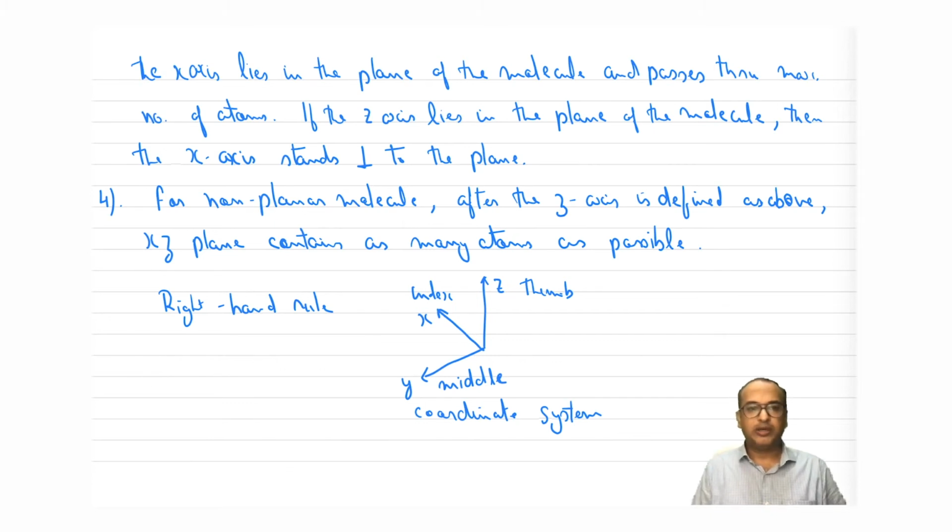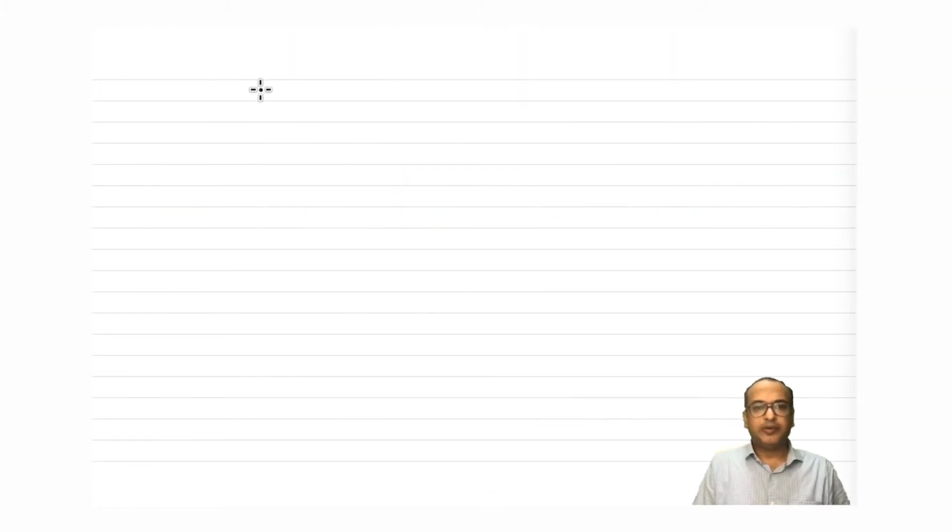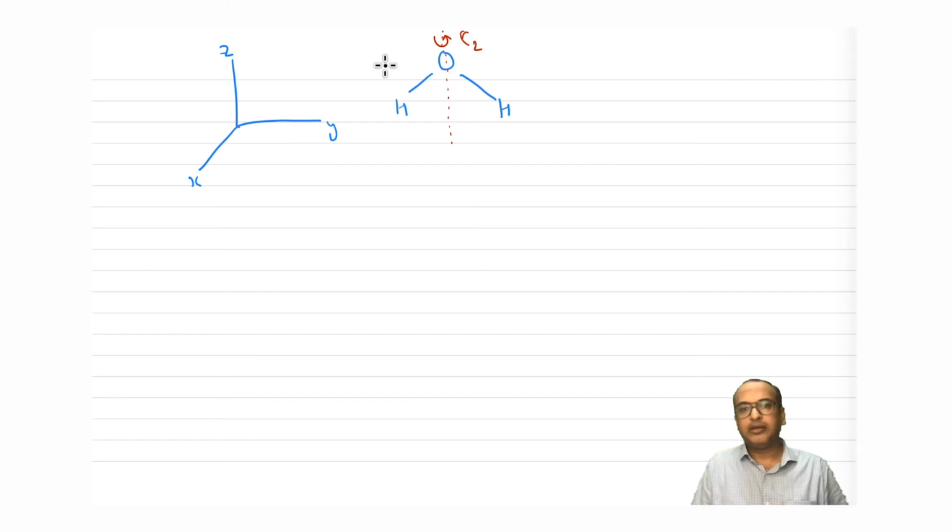Now let us quickly look at an example. The right hand coordinate system can also be oriented like this. Let's say we have a water molecule. Where is our principal axis? The principal axis is C2, which is lying in the molecular plane. Of course, we don't call it sigma h in this case.